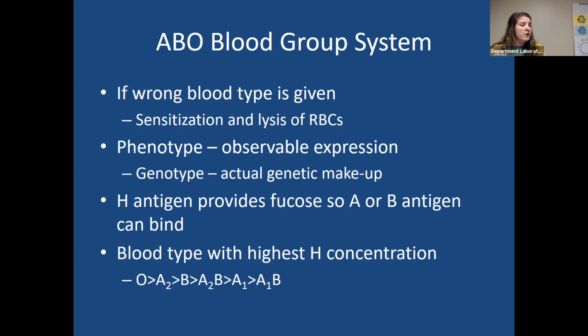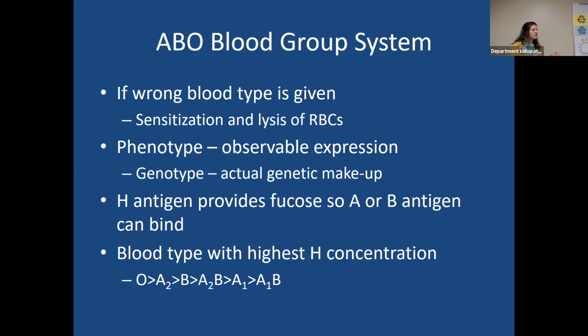A little immunology review. Make sure you can differentiate between the phenotype and the genotype. The phenotype is the observable expression. If you're thinking about blood types, the phenotype would be type A. Your genotype could be AA or AO, all right?